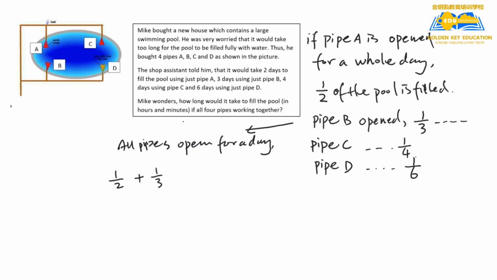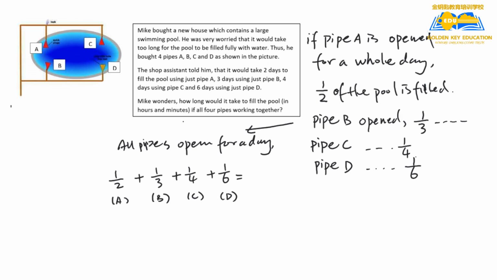You will have 1/3 from pipe B. You will have 1/4 from C and 1/6 from pipe D. So in total, this is as a fraction compared to a full pool that's being filled if you left it on for a day.